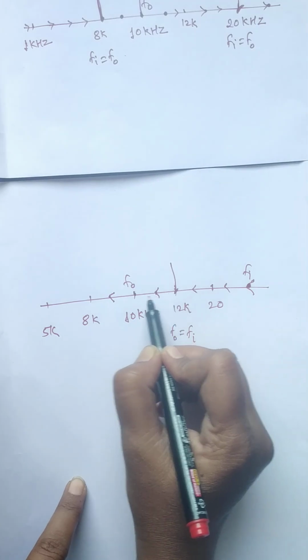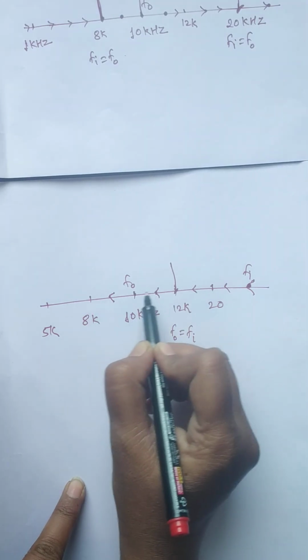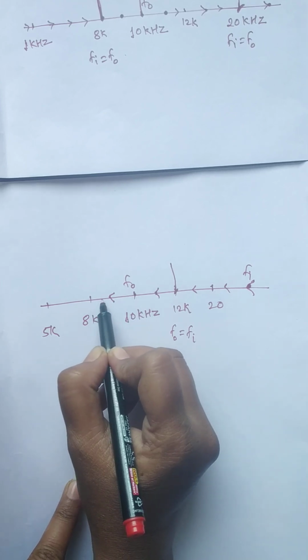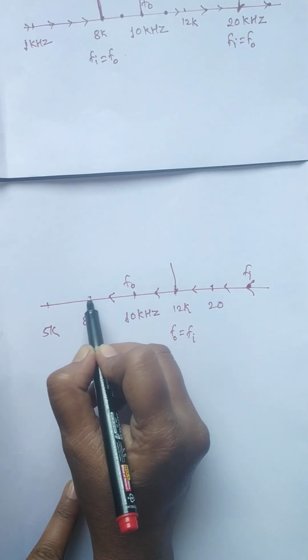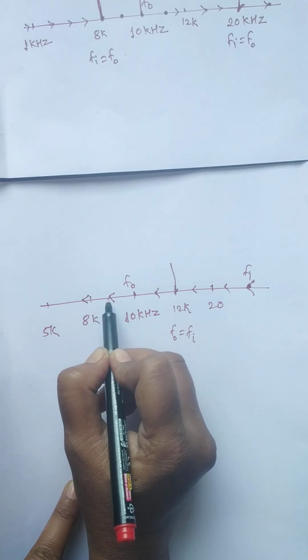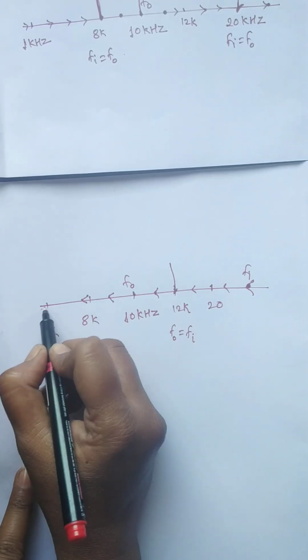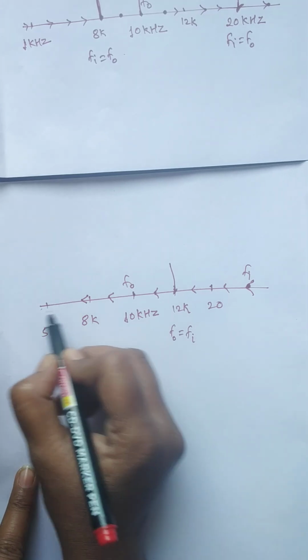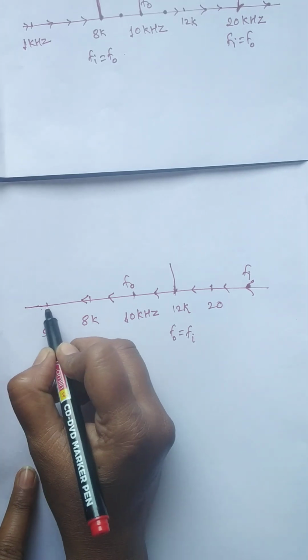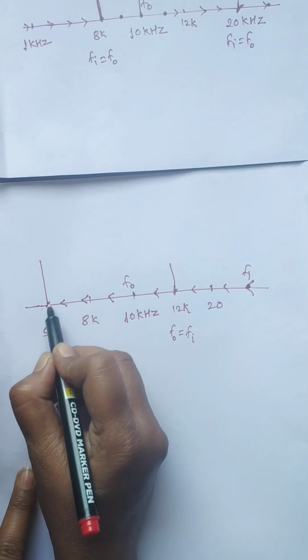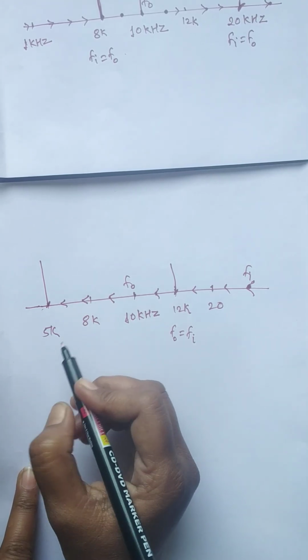Both are running at the same frequency, so we can say that both are now locked. As the input signal frequency goes on decreasing, Fout will also go on decreasing. So again a lower side limit is also there. The PLL will track the input signal down to, for example, 5 kilohertz.